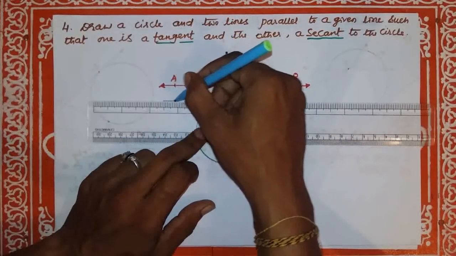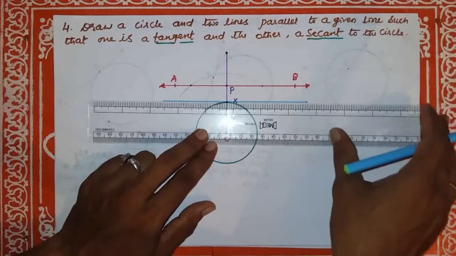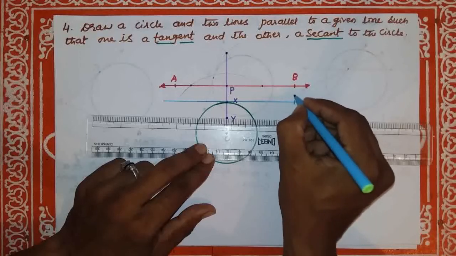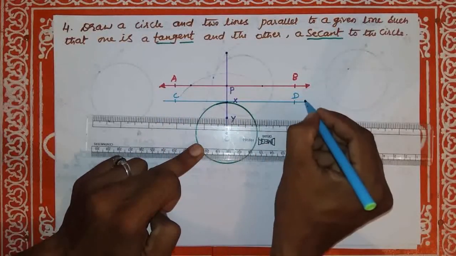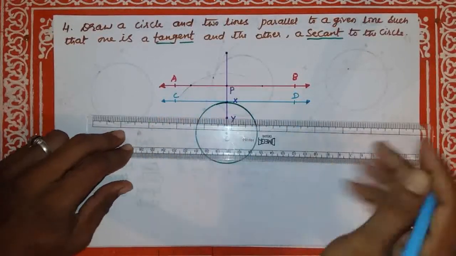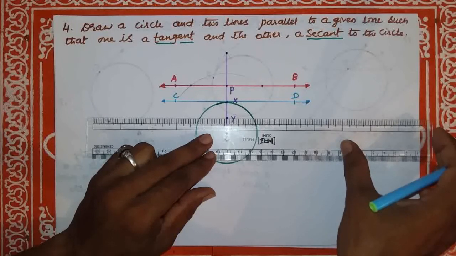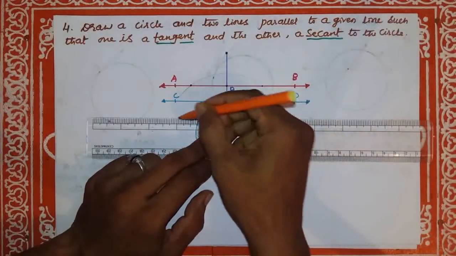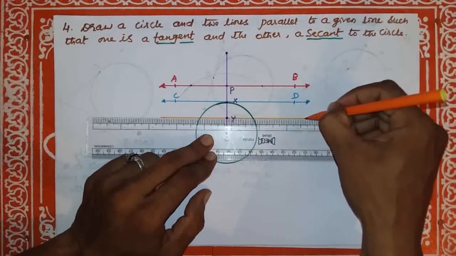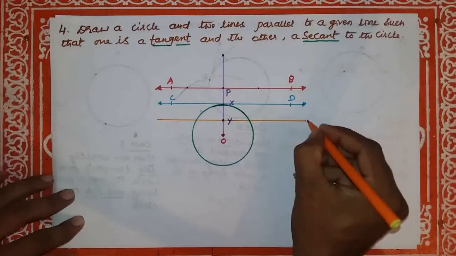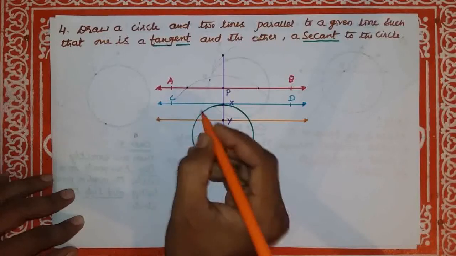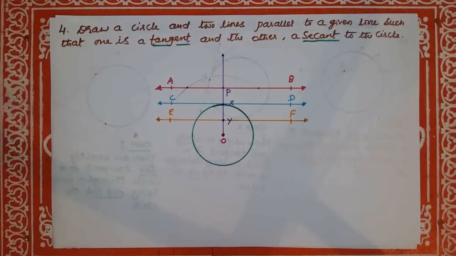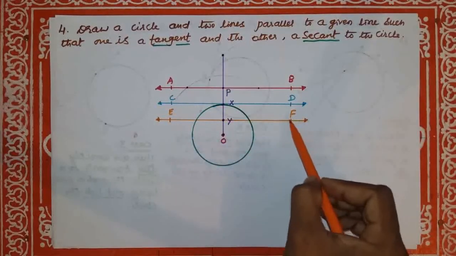See, here one line and here one line, and this line is also parallel, this is C and D. Next you draw one more parallel line, that is E and F. Look now: AB is parallel to CD and EF is also parallel to AB.